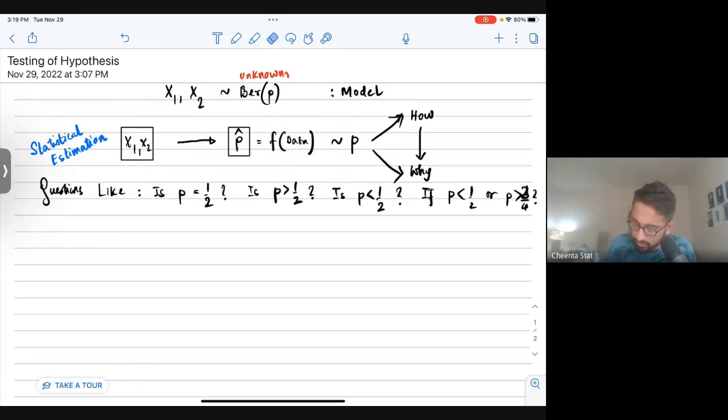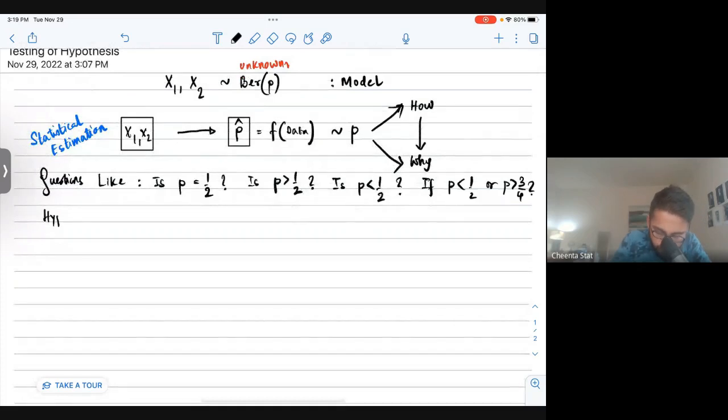We can ask questions like this. The question is how can you make sure the data supports this? These are called hypotheses.